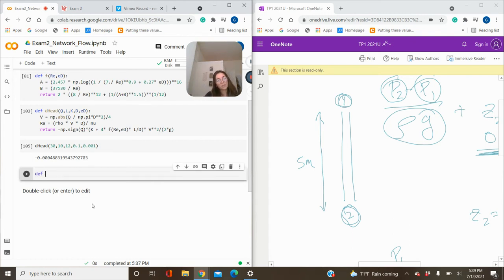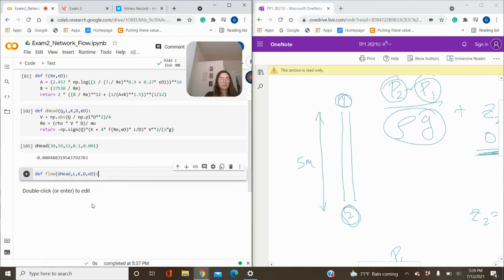So we're going to define V head, no, it's function of flow, V head for our change in flow rate. It's the only difference. And then we're going to do our length, K value, diameters, and relative roughness.